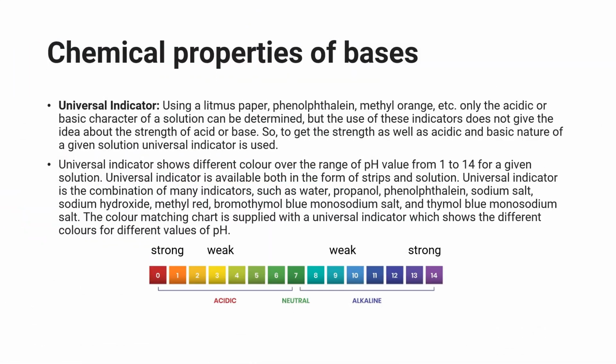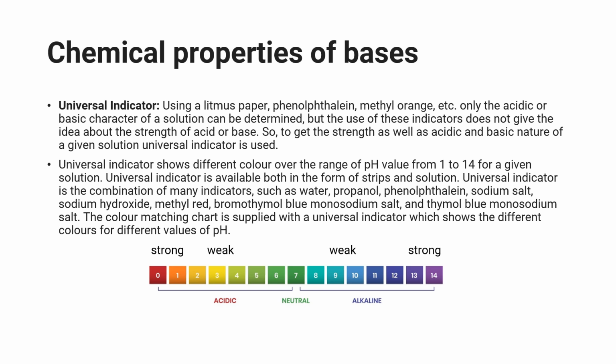What is universal indicator? Using litmus paper, phenolphthalein, methyl orange, etc., only the acidic or basic character of a solution can be determined. But the use of these indicators does not give an idea about the strength of the acid or base.